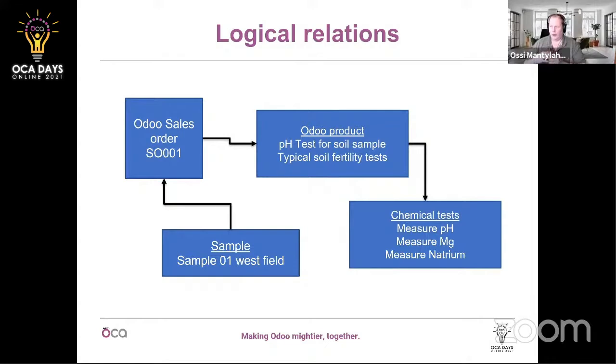For example, if you have ever taken a blood sample, you know that there is something like the basic information about blood, which includes blood sugar, hemoglobin and so on. So there are actually several different chemical tests, and these connect to the sales product, the basic blood test.